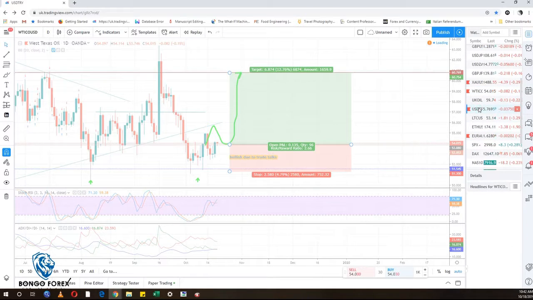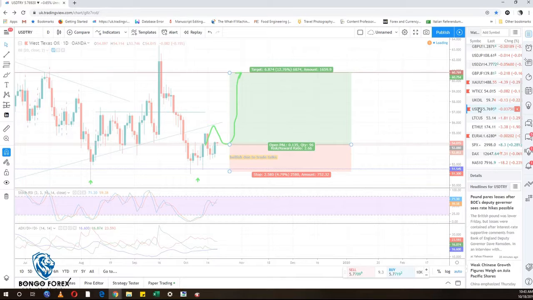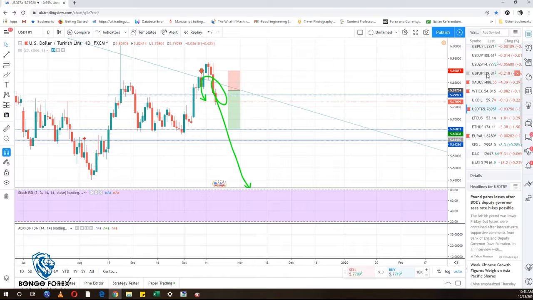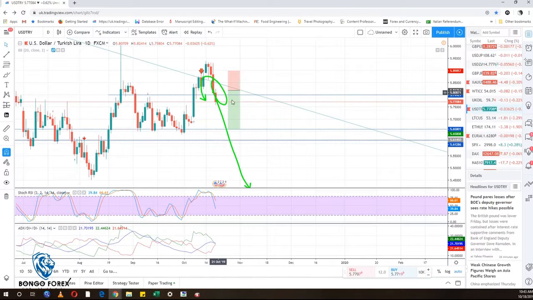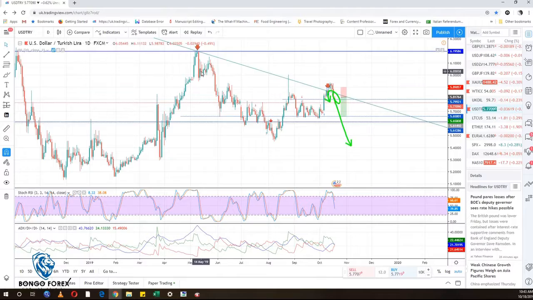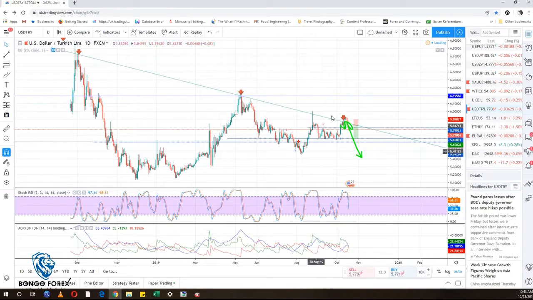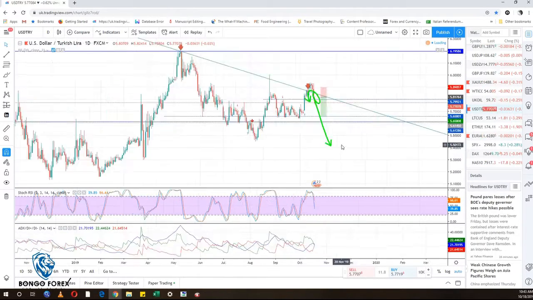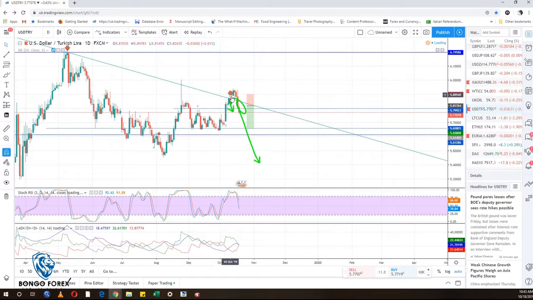Next trade will be USD Turkish Lira. We had the Turkish Lira trade doing extremely well. As you can remember guys, this was a trade that we wanted to short, and we wanted to short on that neckline. You see this neckline right here, that's where we took our trade, and we predicted the price to come right there and have a bit of a retest, and then we see price now start to fall all the way down.